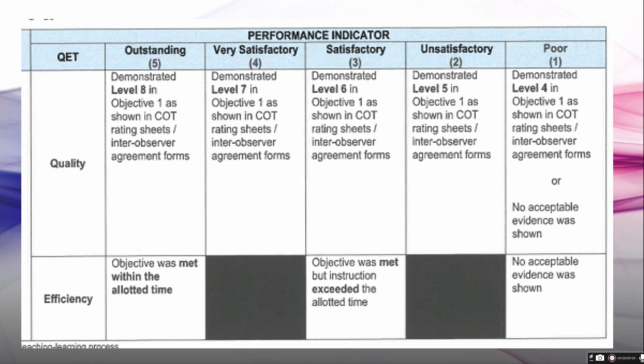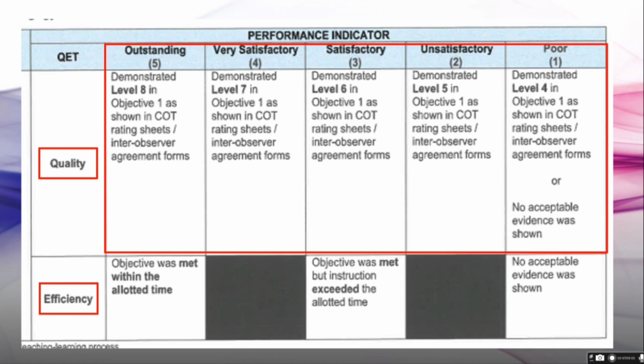For all of the classroom observable indicators for highly proficient teachers, we will be rated according to the quality and efficiency of our attachments. Para sa quality, it will depend on our score from the rating sheet. Kung nakakuha tayo ng level 8, we'll get outstanding or rating of 5.